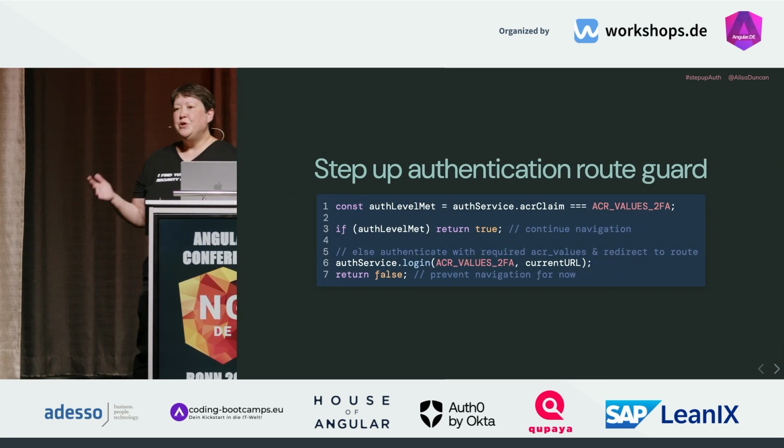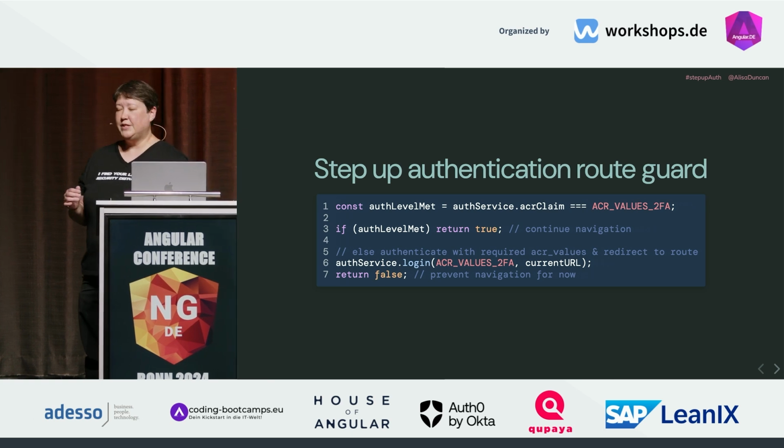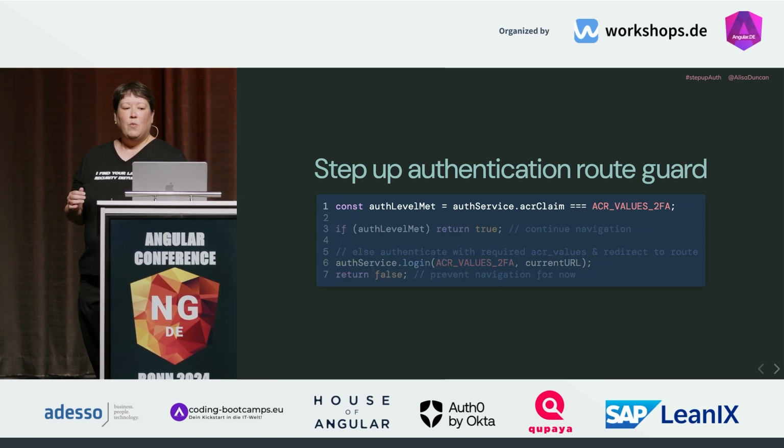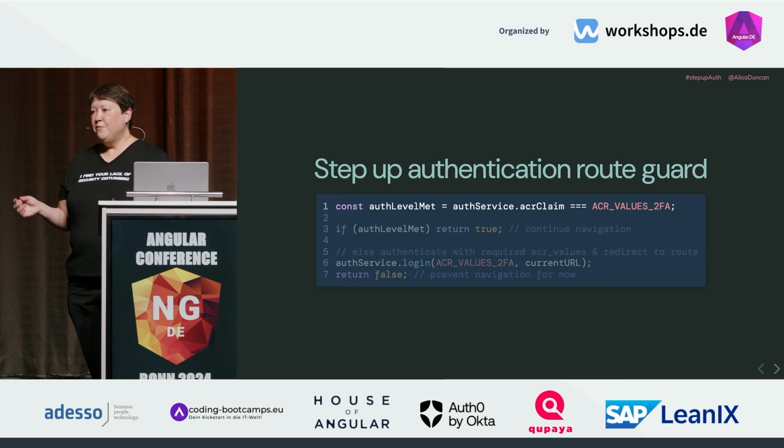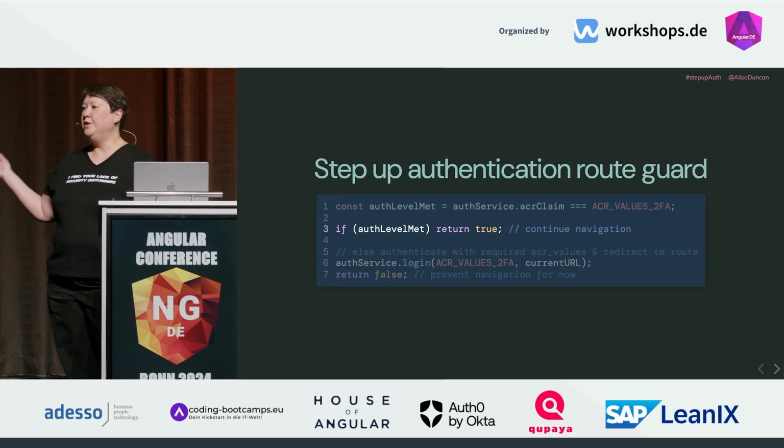If we take a look at pseudocode of what this might look like in a route guard that we want to protect, it could look something like this. We want to verify that the ACR claim from the ID token matches whatever value we're expecting it to be, such as 2 factors. If that authentication level is met, then continue on the navigation.